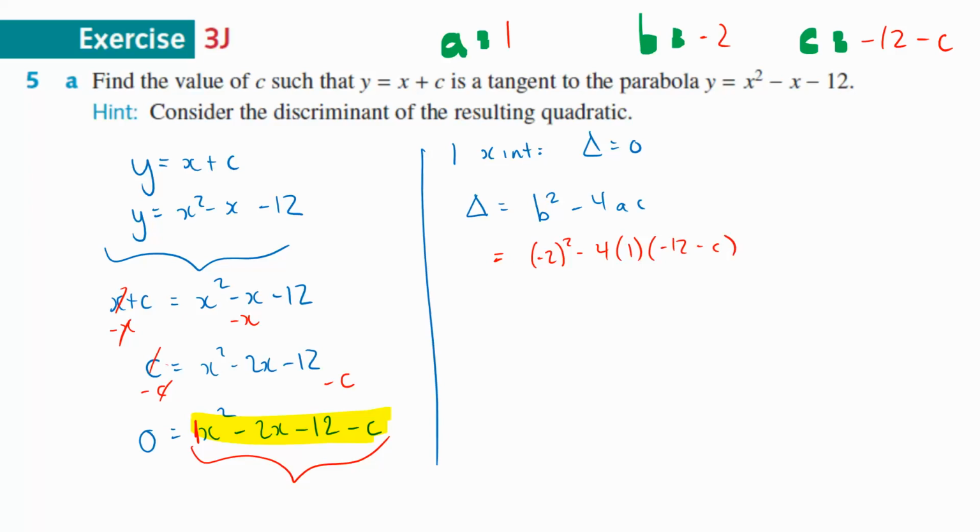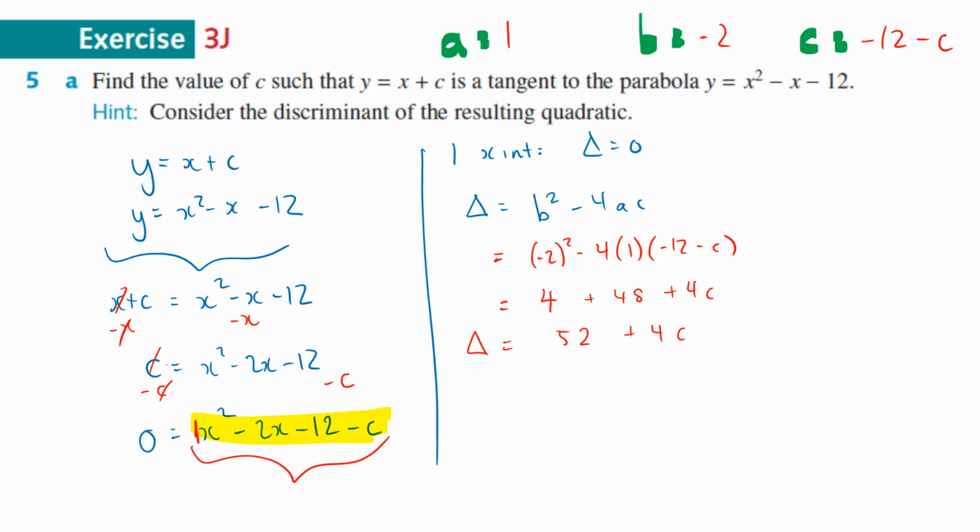If you watch my videos, I had like 4 videos on how to do exercise 3I. Yeah, it's the same drill. So here we go. You've got 4, expand the brackets, that becomes negative 4 times negative 12. You get plus 48. Negative 4 times negative c gives you plus 4c. This gives you a total of 52 plus 4c equals the discriminant.